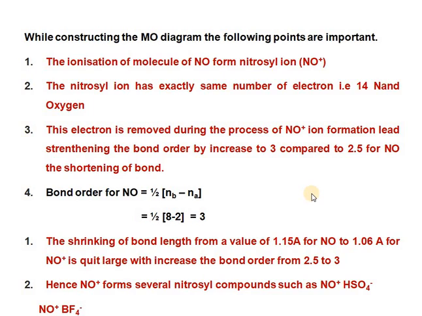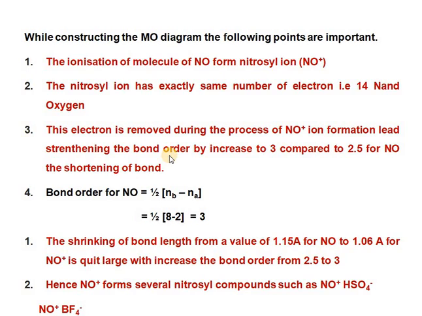If the electron had been localized on one atom, the molecule would have been unstable. But ionization of nitric oxide by losing this one electron to form the nitrosyl ion increases the bond order from 2.5 to 3, and it leads to strengthening of the bond.